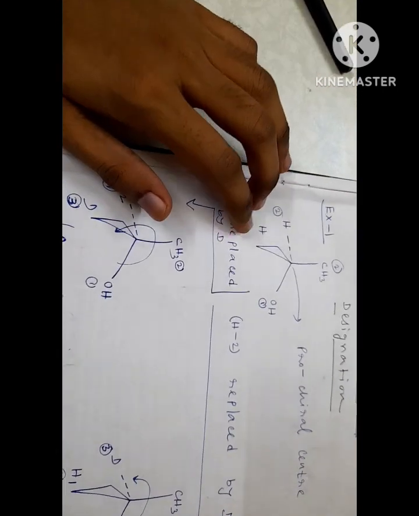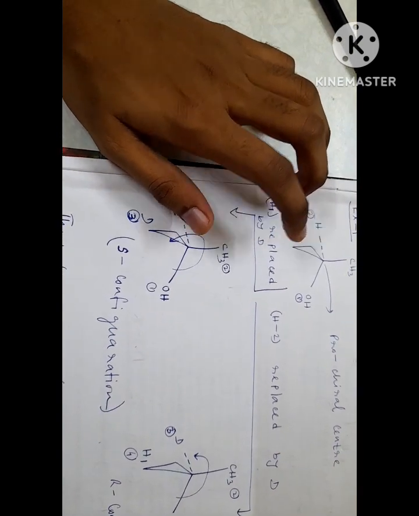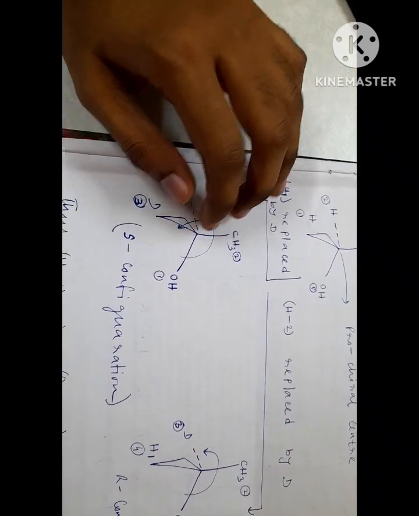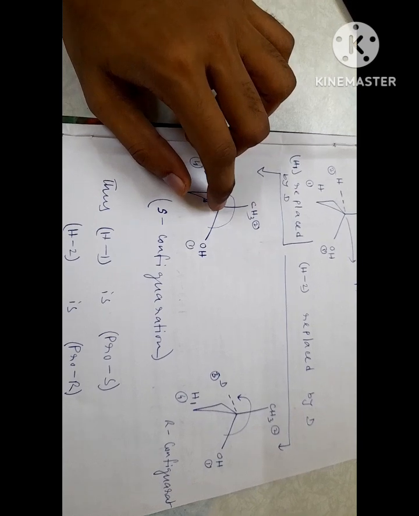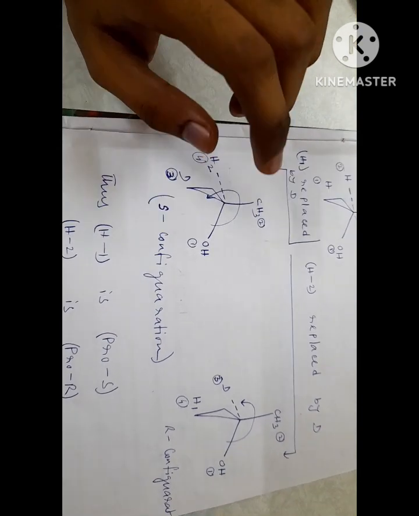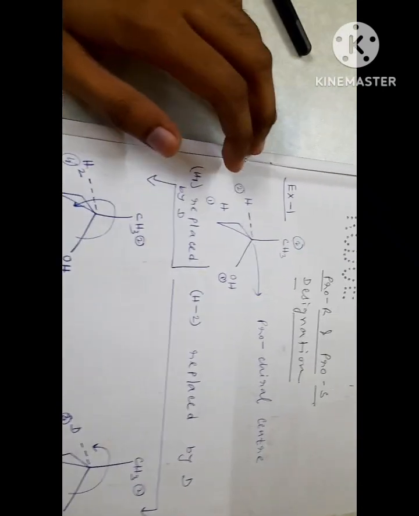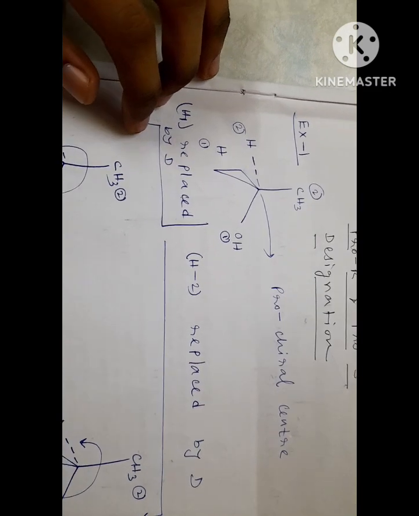But when I replace these hydrogen atoms by any kind of group, like deuterium in this case, then I consider the central carbon to be chiral. So this is the ProR and ProS descriptor.